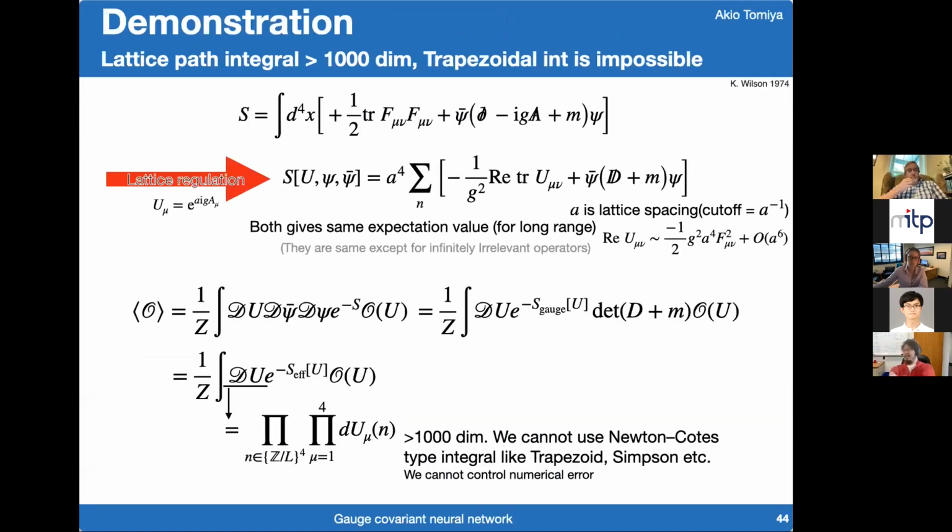We are interested in QCD, and every observable in QCD is written in path integral form, which is converted in this action. This integral has more than 10,000 dimensions, and we cannot use Newton-Cotes type integration to control the error.